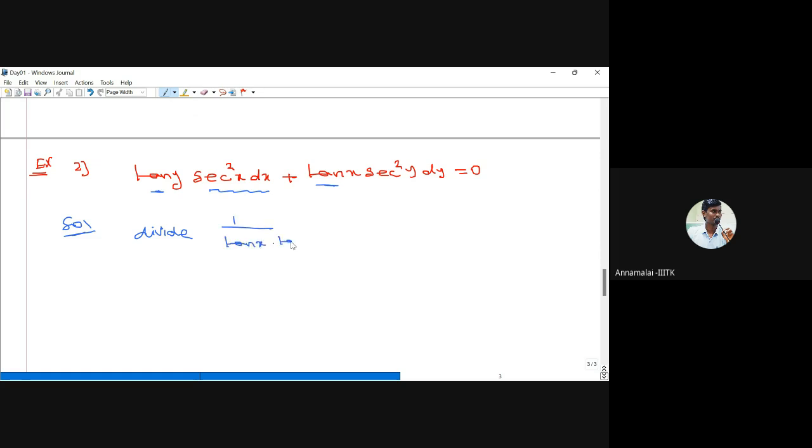So we divide by 1 by tan x into tan y. Call this equation number 1. Therefore equation 1 becomes, dividing both sides by tan x into tan y, the first term secant square x by tan x, since tan y cancels, into dx, plus secant square y by tan y, since tan x cancels, into dy equal to 0.